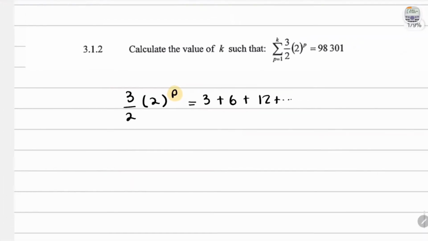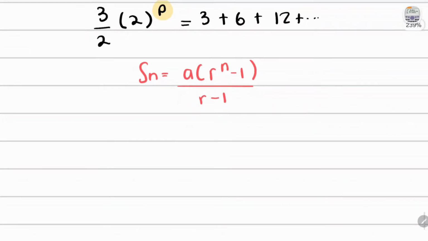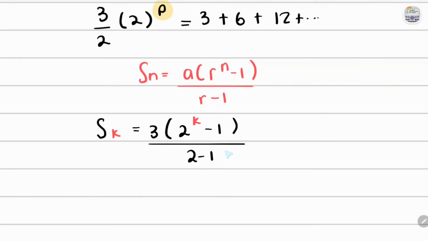And now let's go ahead and formulate our equation. So we are going to use the sum of terms formula. Now we're saying the sum of k terms is equal to the a value, which is still 3, the first term, multiplied by r, which is 2, raised to the power of n, which is k, and then minus 1, all over r minus 1, which is 2 minus 1.